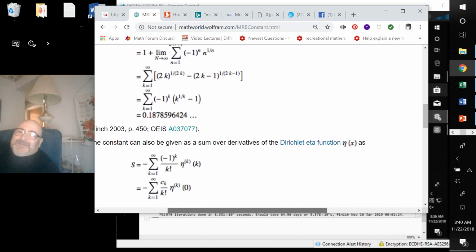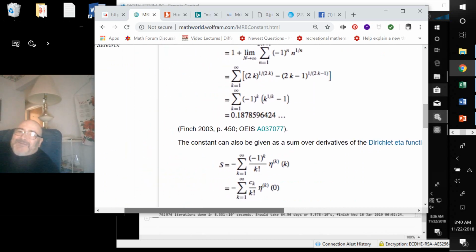It wasn't long after I discovered the MRB constant, or first described it. Some people get upset when I say I discovered something. I don't know if it's that important where I ought to brag about it being a great discovery, but I discovered it. That's how I feel.